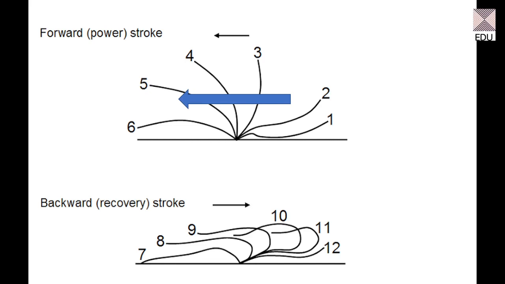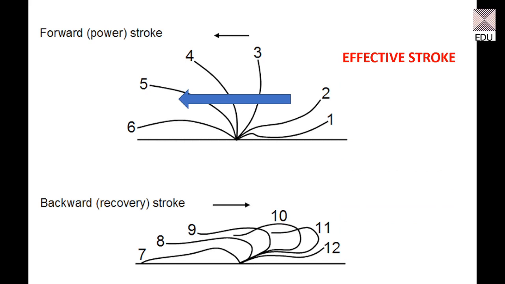So the water will be moving towards the left side. The cilium will take the water along with it towards the left side. This particular movement of the cilium is called the effective stroke.